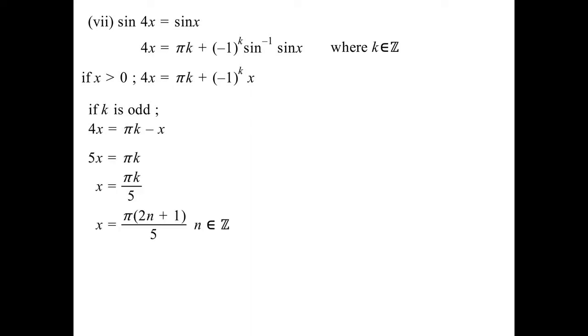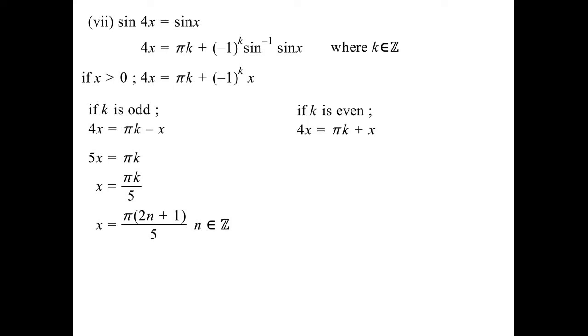But remember, that was only if k is an odd number. Well, instead of writing it as k is an odd number, let's write it this way, pi times 2n plus 1 on 5, where n is an integer, because if I sub an integer into 2n plus 1, then I'm guaranteed to get an odd number. There's my solution.